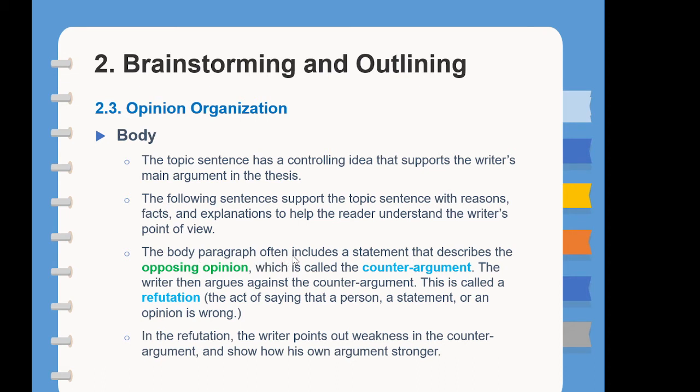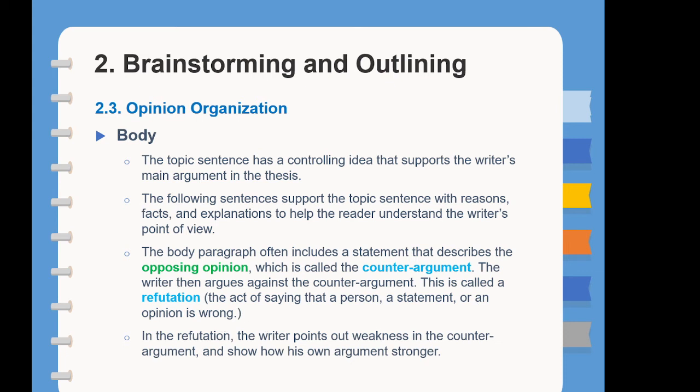The body paragraph often includes a statement that describes the opposing opinion, and this can be called a counter argument. The writer then argues against the counter argument. This is called a refutation, the act of saying that a person or statement or opinion is wrong.